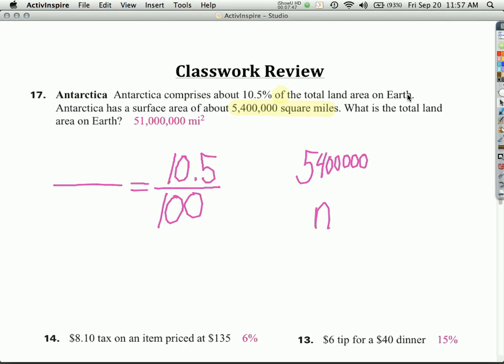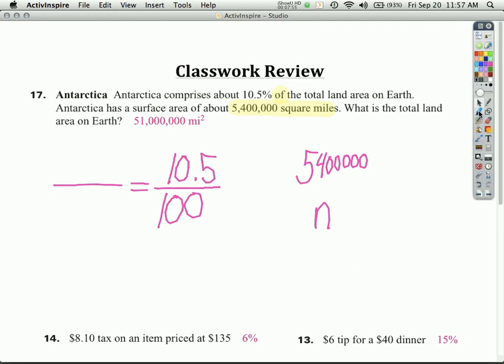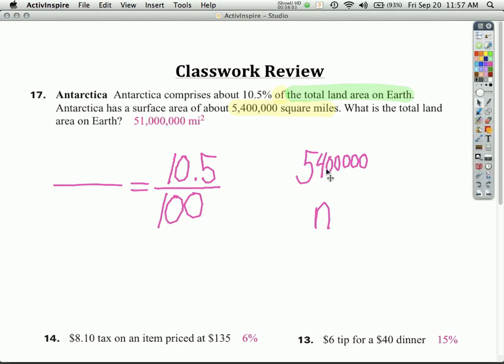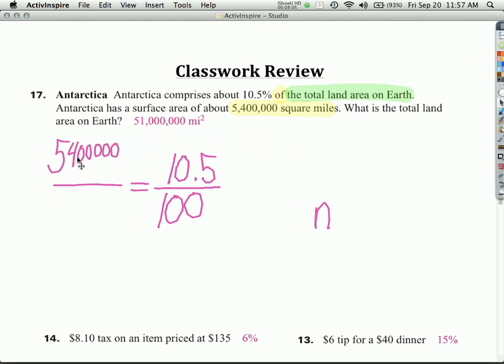No, that's the total land area of Antarctica. Surface area. So the of is what's missing. This is what is missing. So this has to go on top because the of is missing.